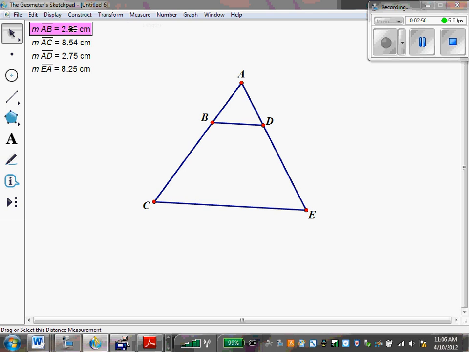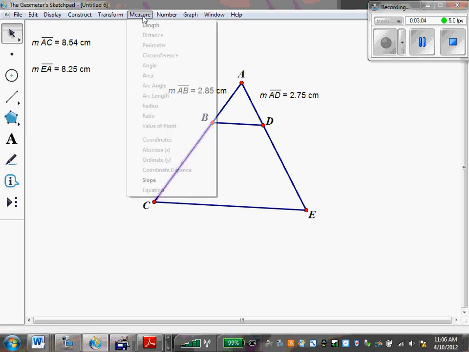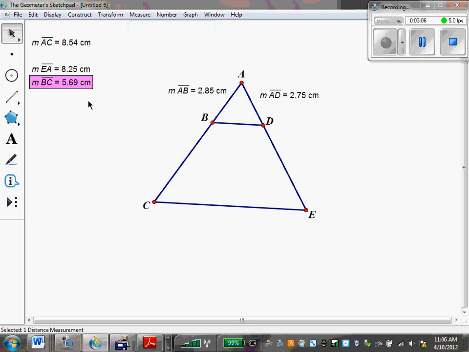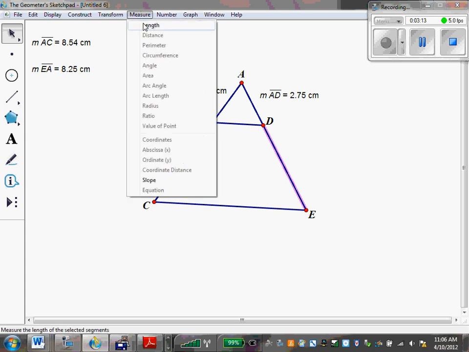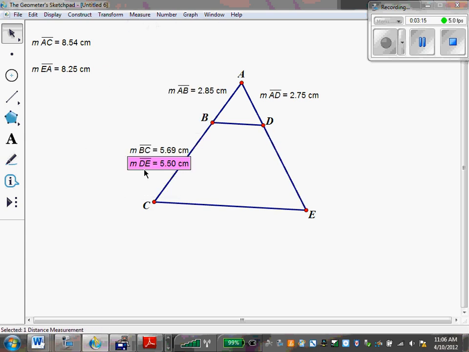So I have length AB. I do not want length AC. I have length AD. So let's try again. Let's see if we can get just that one to highlight. There we go. And there's BC. And then we need the length of DE.